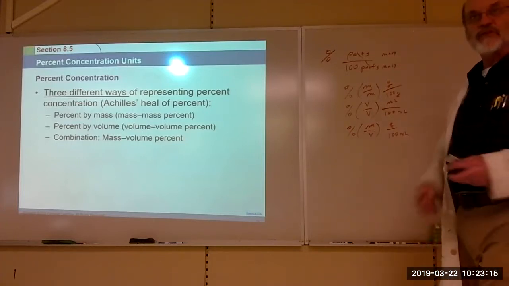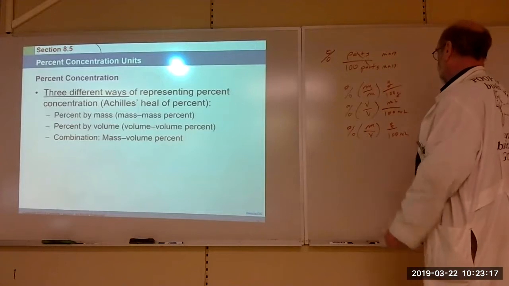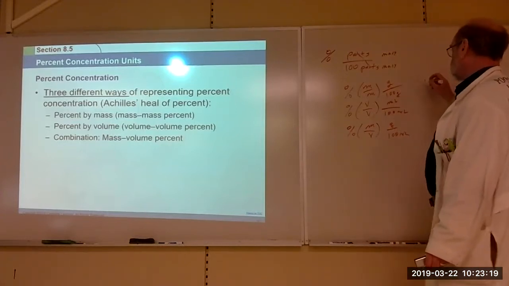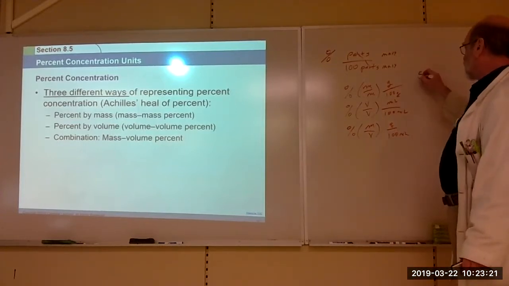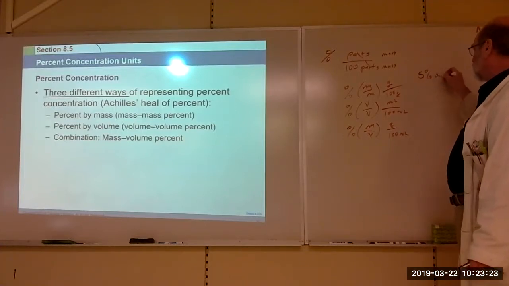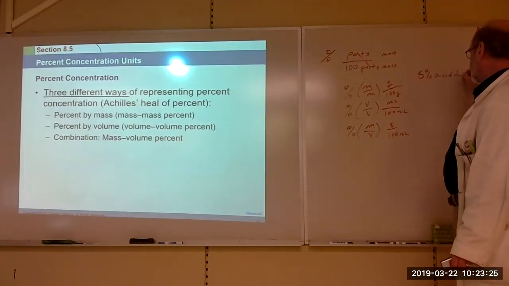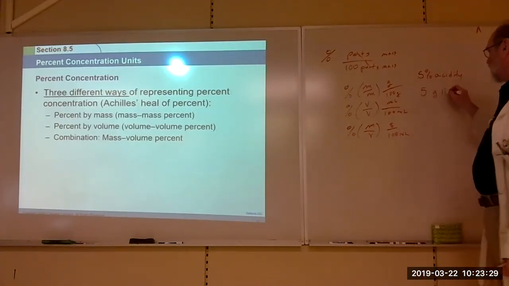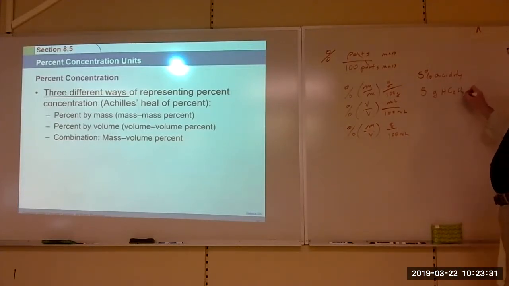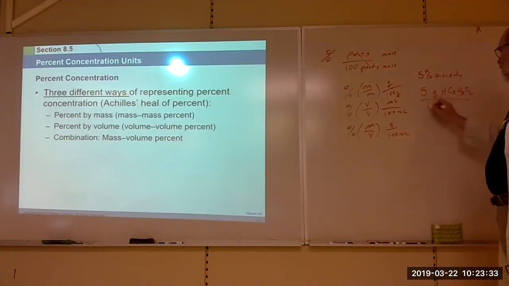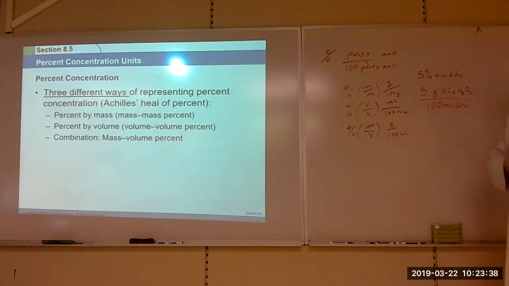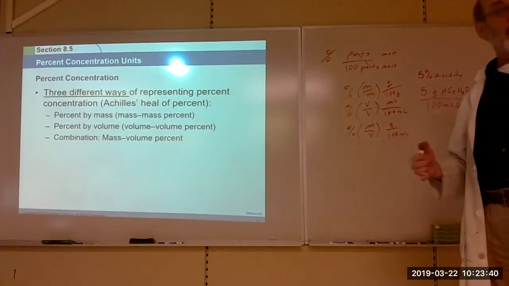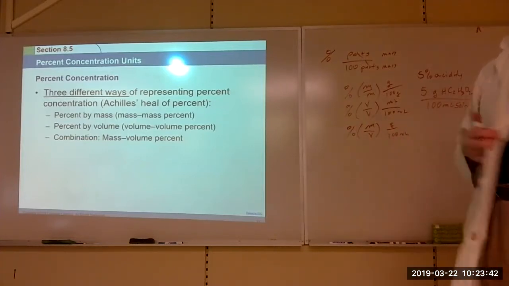So I've done some research, and what it means is 5% acidity just means 5 grams of acetic acid per 100 milliliters of solution. But they don't say that on the bottle. You've got to dig for it.